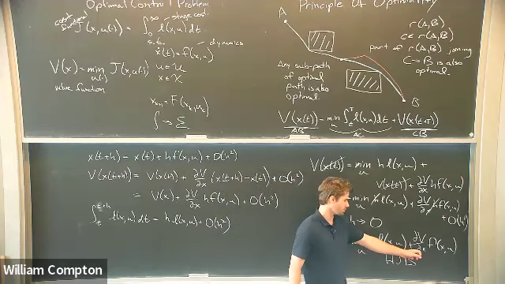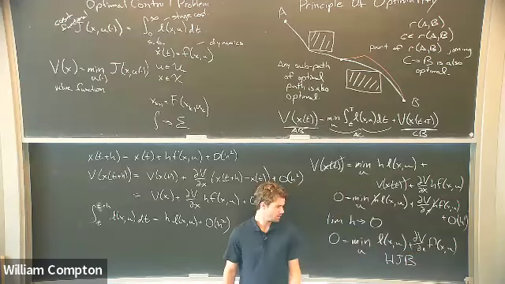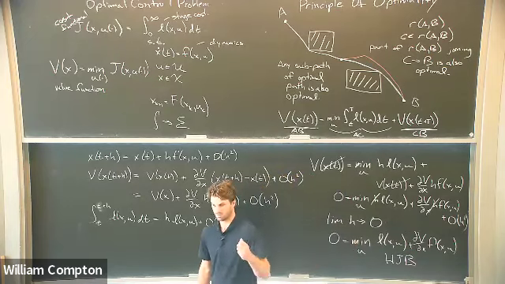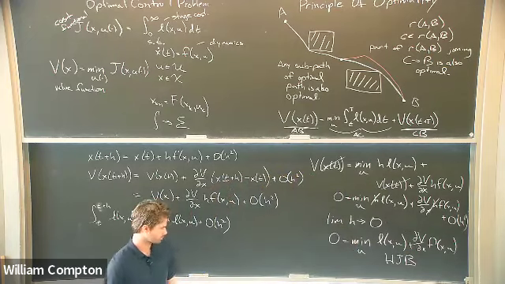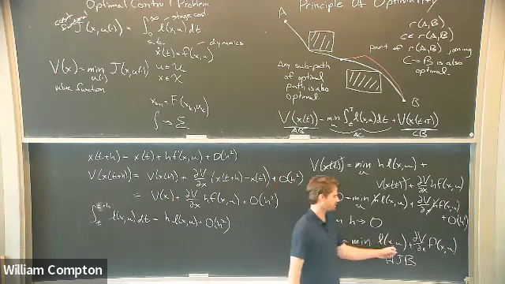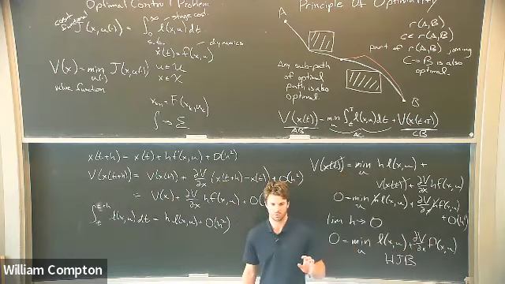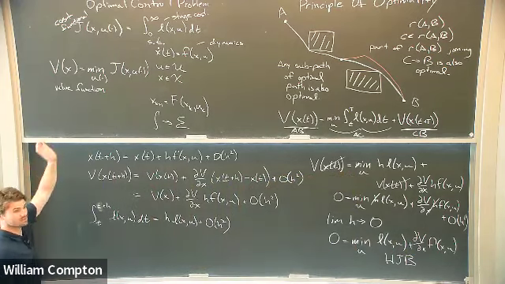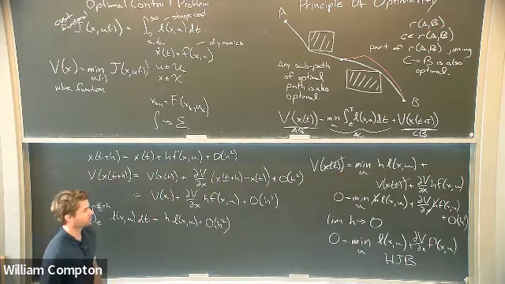So if we have access to the function v, u is just the argument of this expression, which is definitely calculable. And that's a feedback controller, right? We just plug in the value for x and then we get the value for u, and that controller is optimal with respect to this control objective.